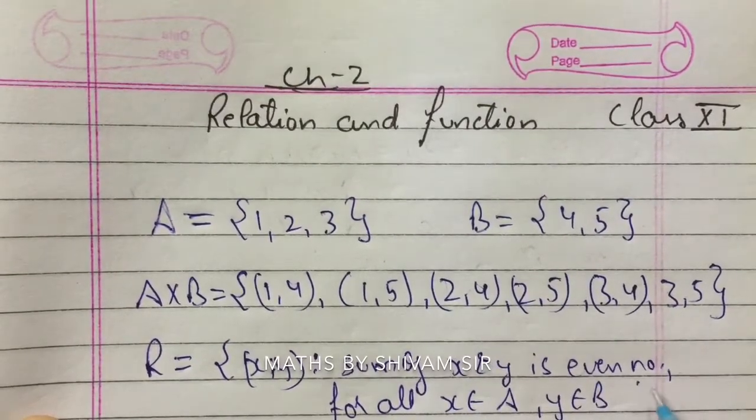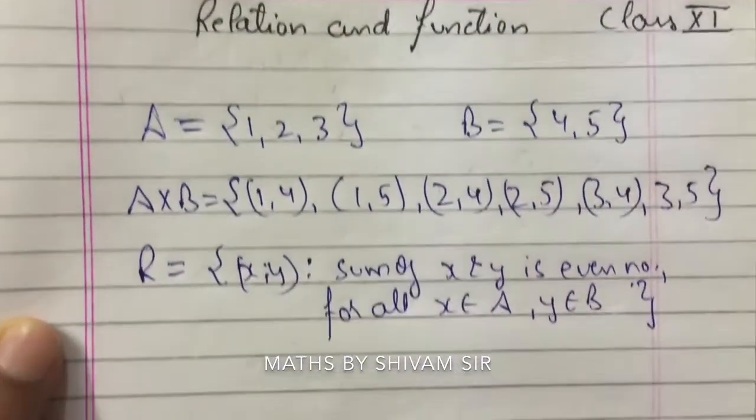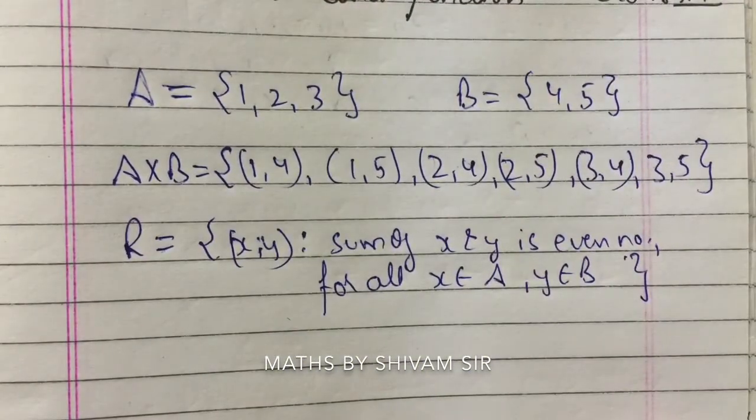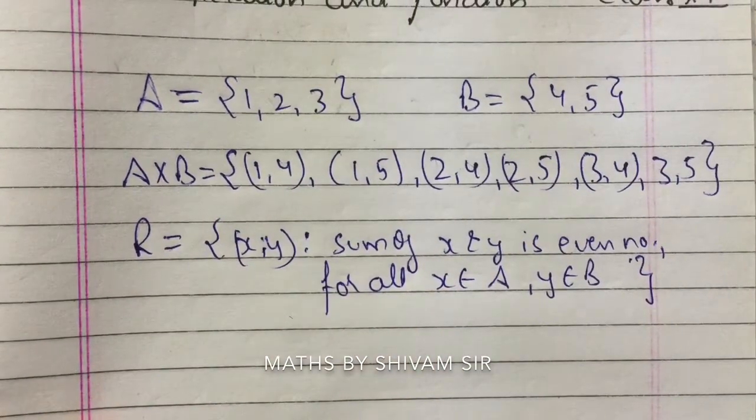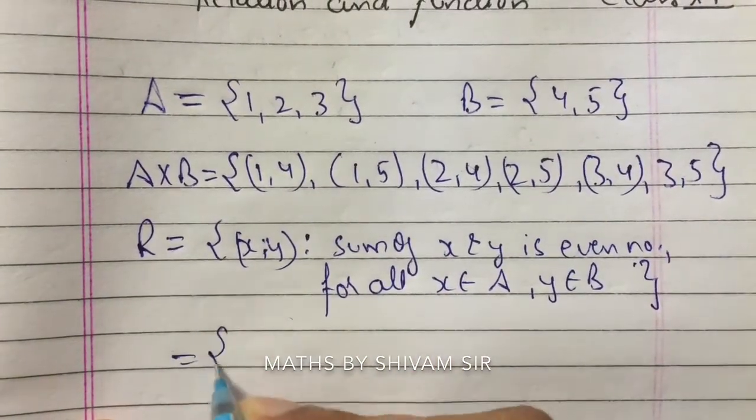So suppose this is one relation between A and B. Let's see how many elements it will have.